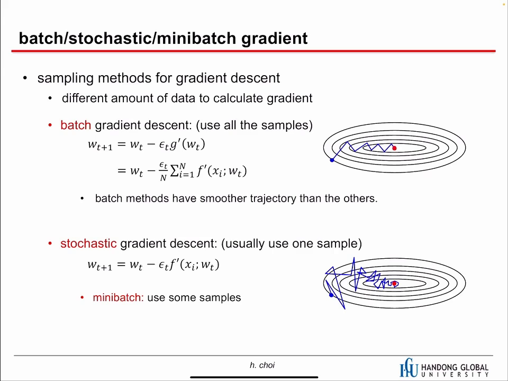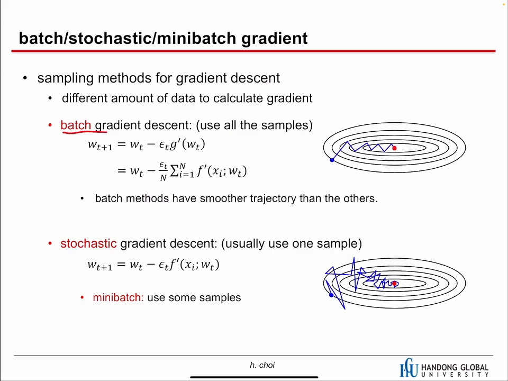A long time ago, before we started talking about big data, in machine learning we usually had about 1,000 samples or a couple of tens of thousands of samples. That was it. In that case, we could use batch gradient descent, so we can use all of them at the same time.